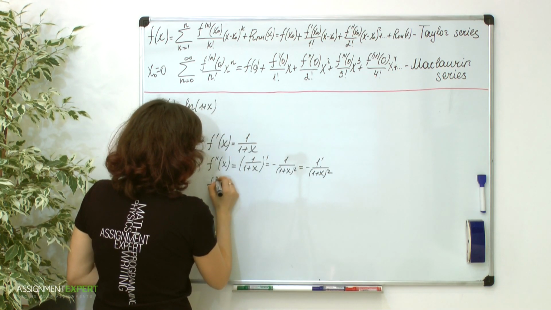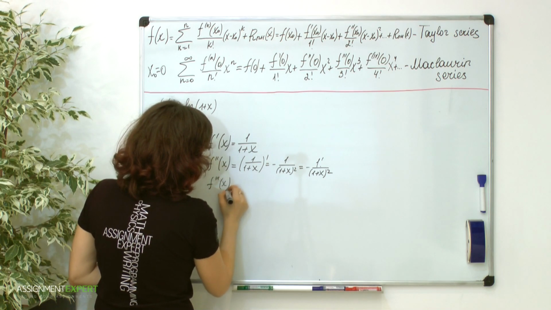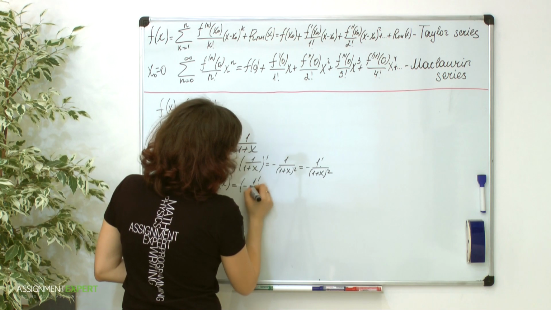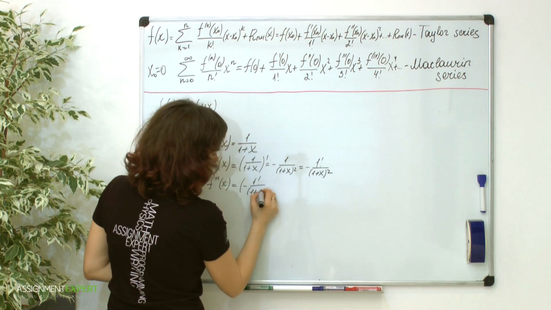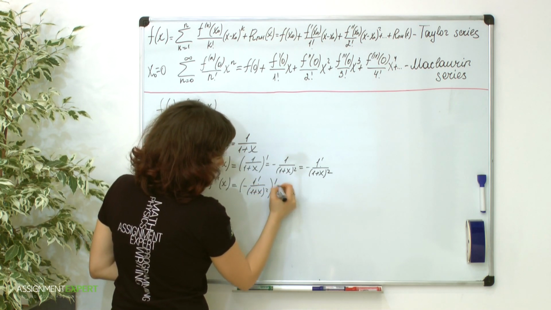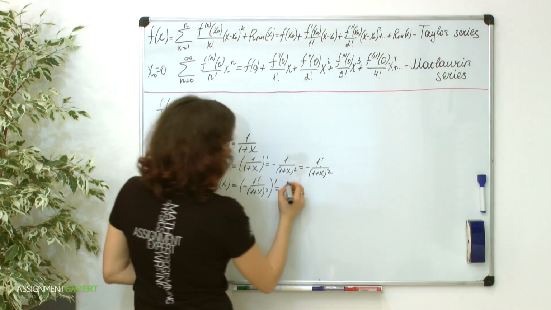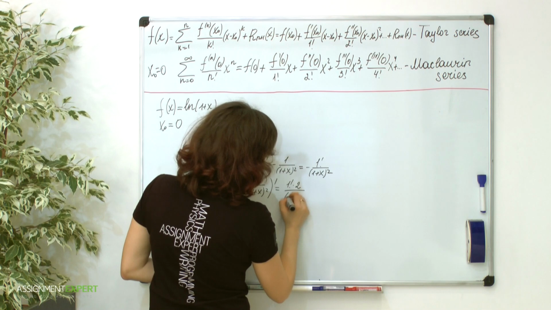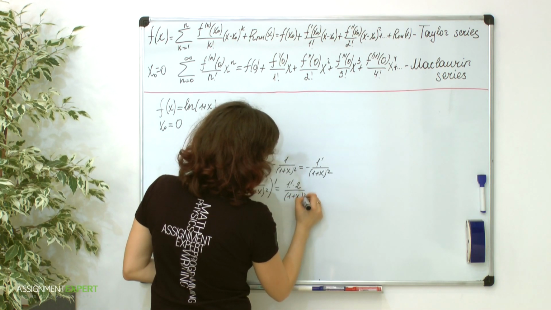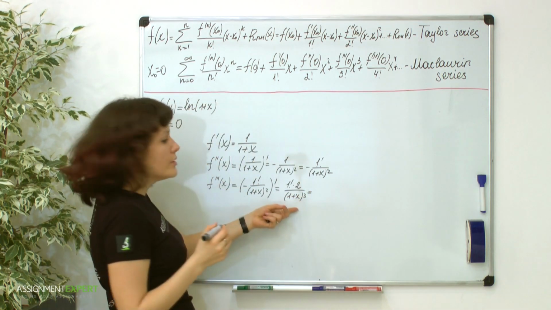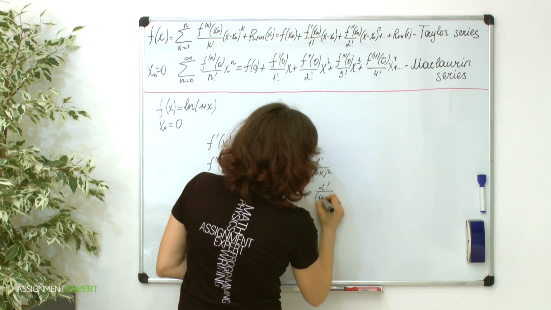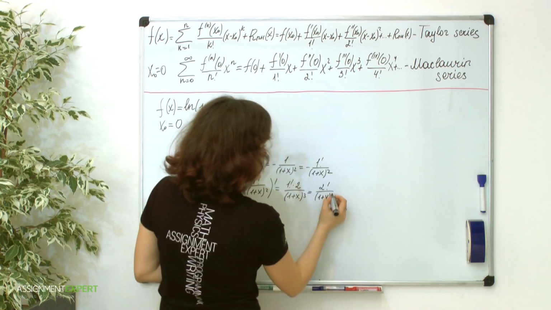The third derivative of our function equals minus 1 factorial over 1 plus x squared, prime, equals 1 factorial times 2 over 1 plus x cubed, and this equals 2 factorial over 1 plus x cubed.